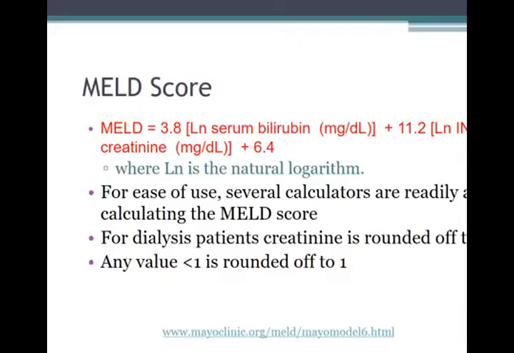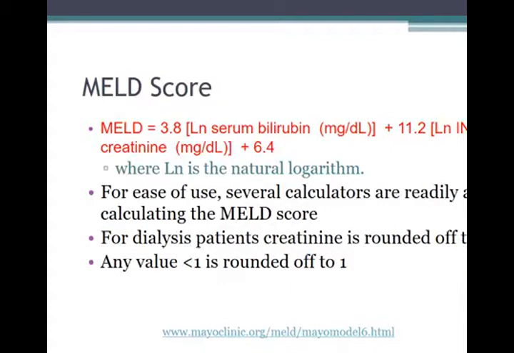The MELD score was basically devised for patients undergoing liver transplant, but it has also been used by clinicians to find out the extent of damage in patients who have chronic kidney disease. The MELD calculator is available online.